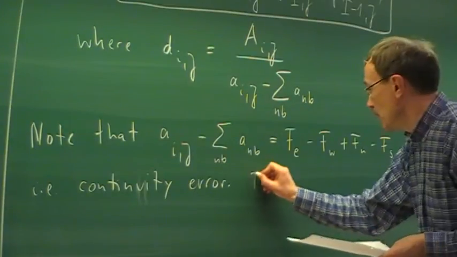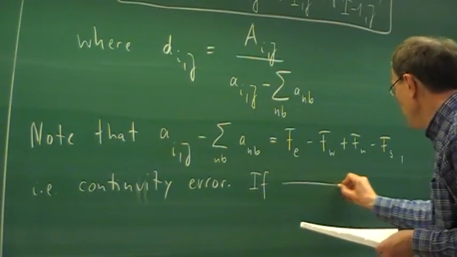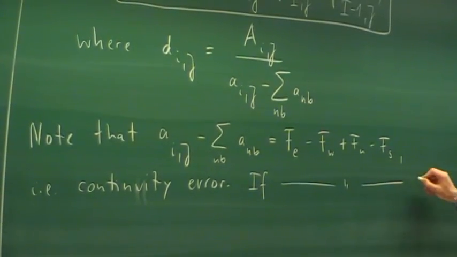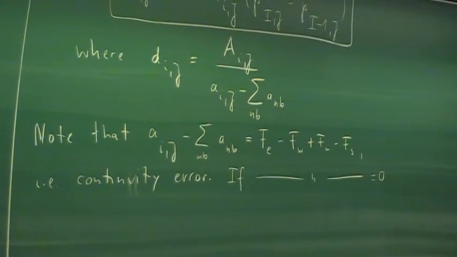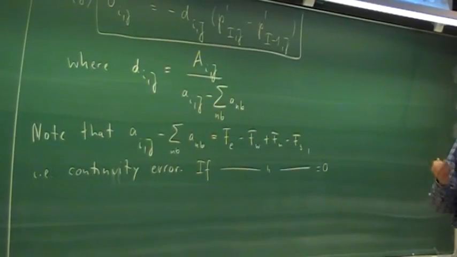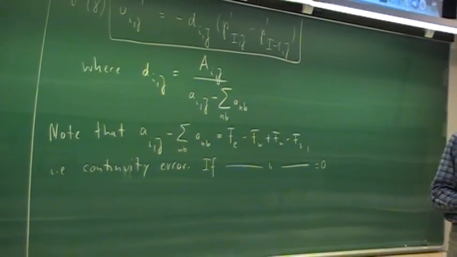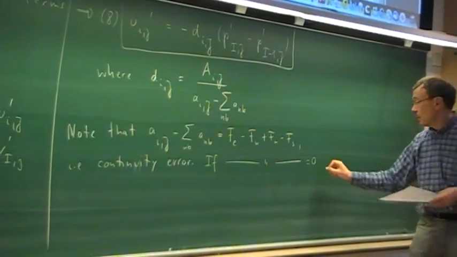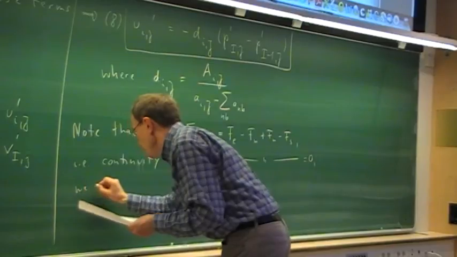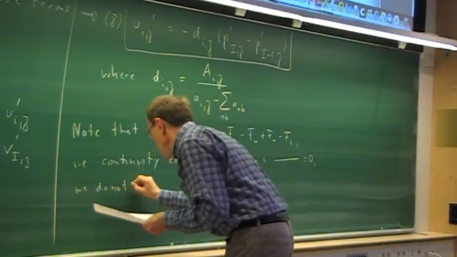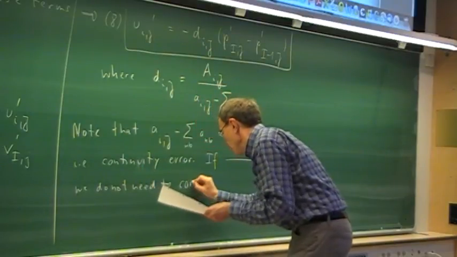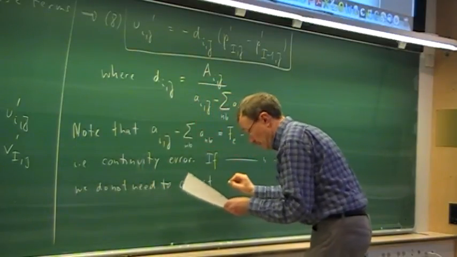If this quantity, the net mass flow of the boundary of the control volume, is zero, then we are finished, because then our velocities are such that they fulfill the continuity equation, and the corresponding pressure is such that it supports that. So then we can stop. We do not need to correct velocity or pressure.